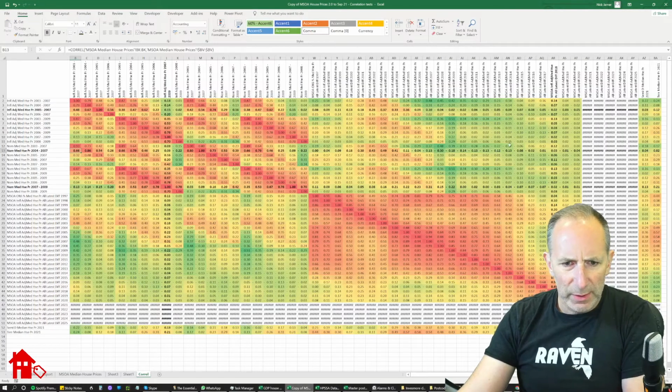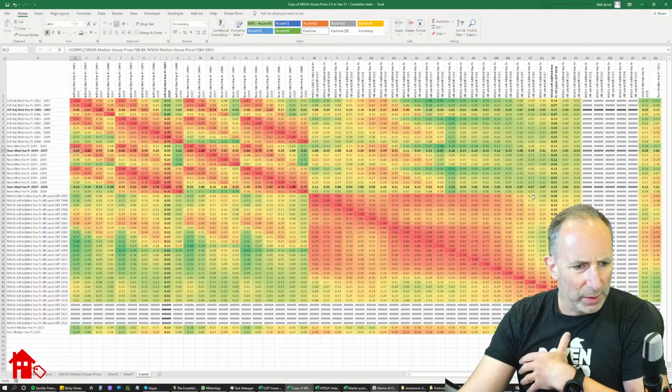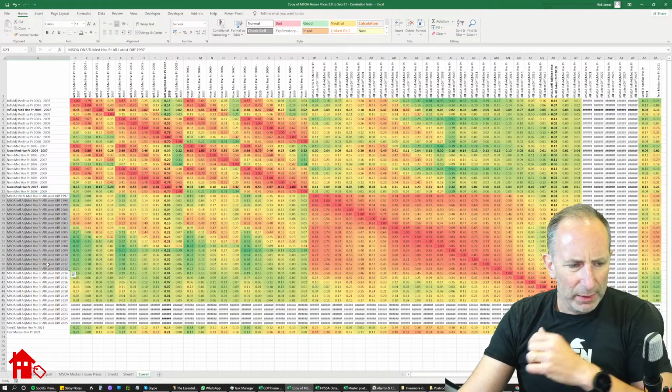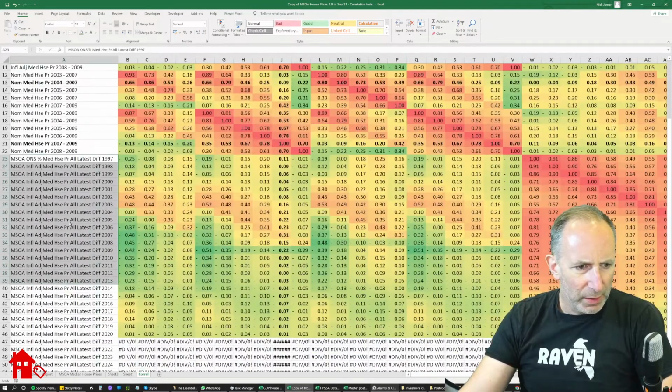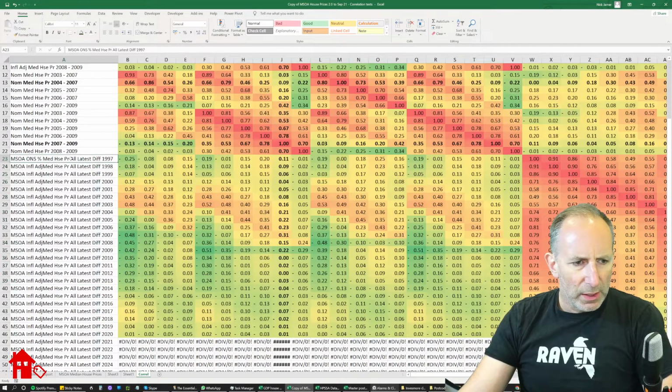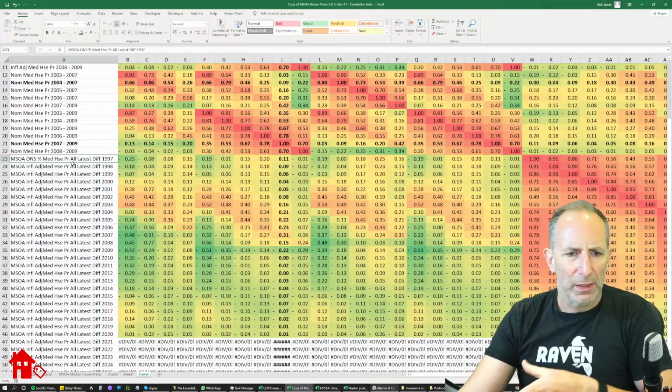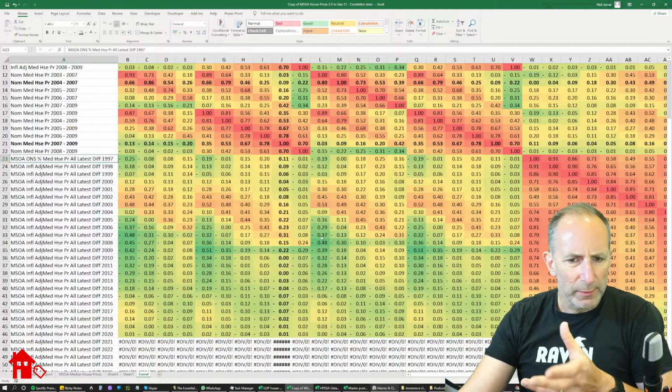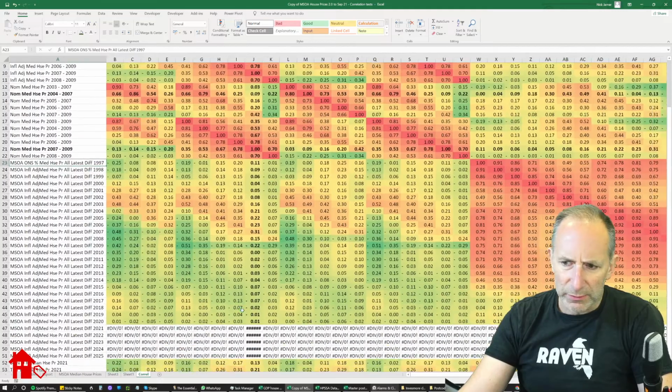This huge table won't mean a lot necessarily, but the main lesson I've picked up from this, from having trawled through it for about 2 hours this morning, is that when I look back at history, and I'm looking at house prices going way back to 97, and I'm comparing them against today, and I'm adjusting for inflation, and I'm looking for correlations between prices from the past and prices from today.